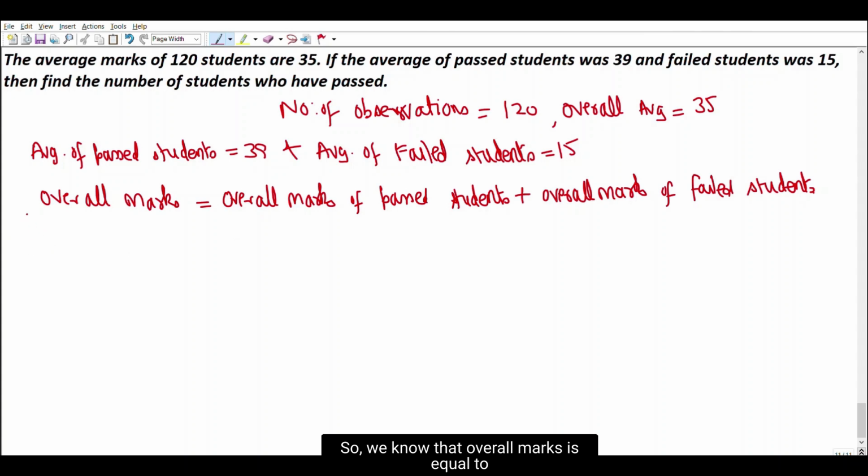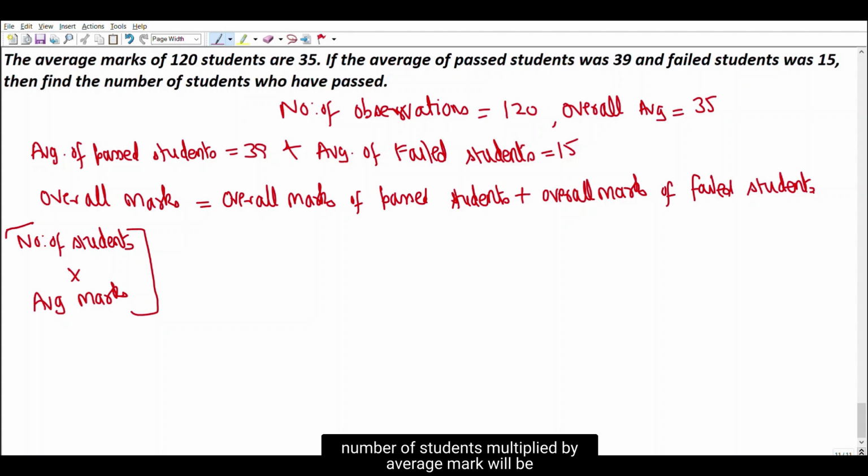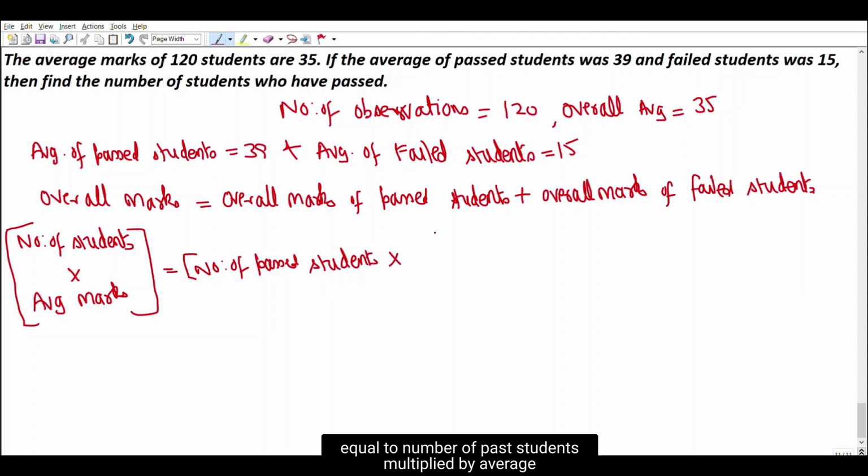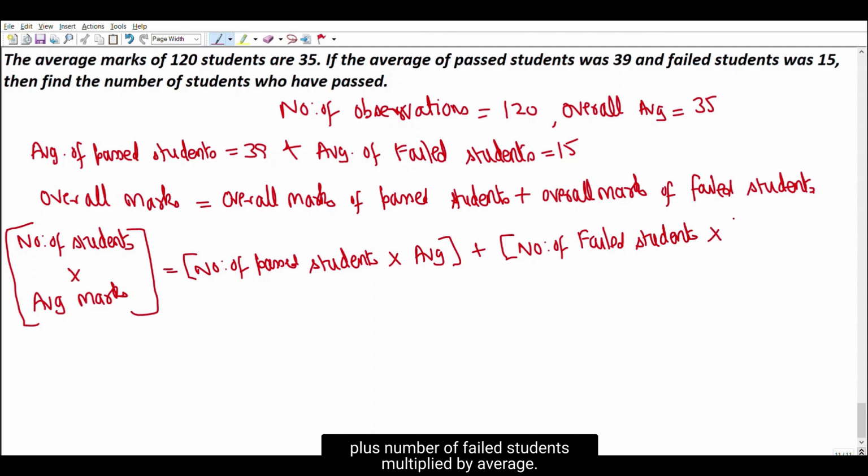So we know that overall marks is equal to number of students multiplied by average marks, which will be equal to number of passed students multiplied by average plus number of failed students multiplied by average.